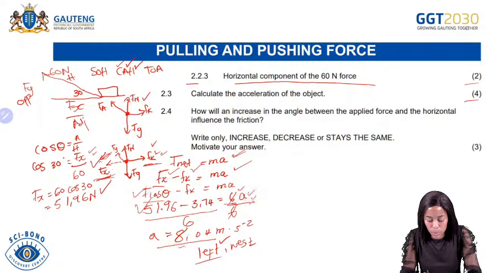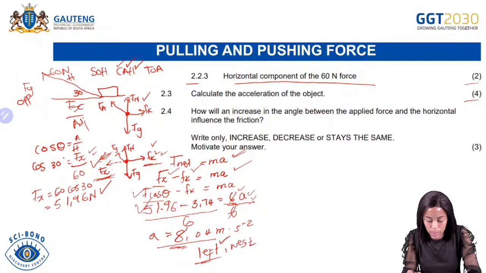Lastly, acceleration is a vector quantity. That means that acceleration has magnitude and direction. The magnitude in this case is 8,04, and the direction is to the left or to the west, depending on what you were given in the statement.